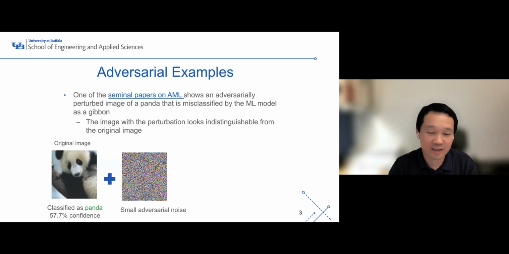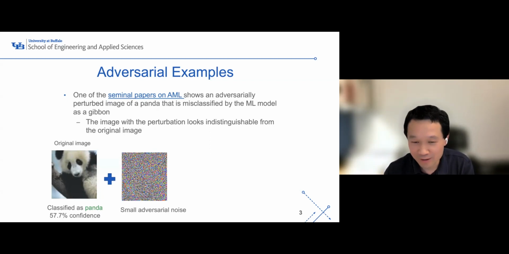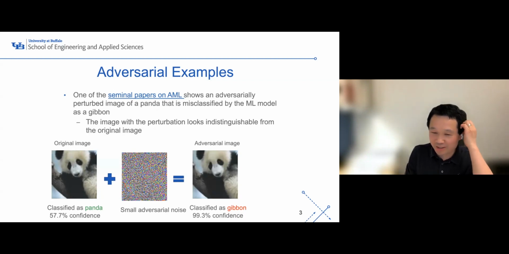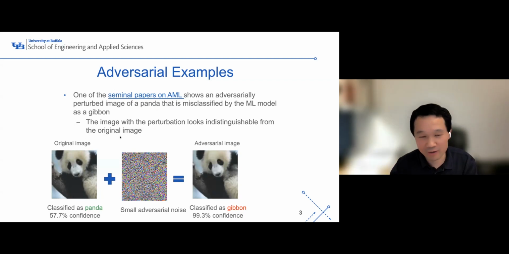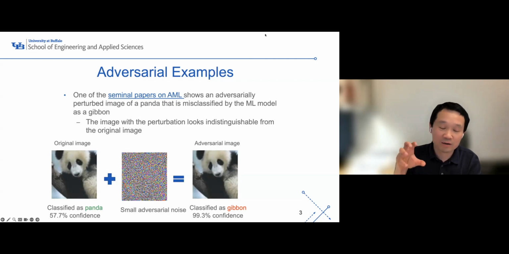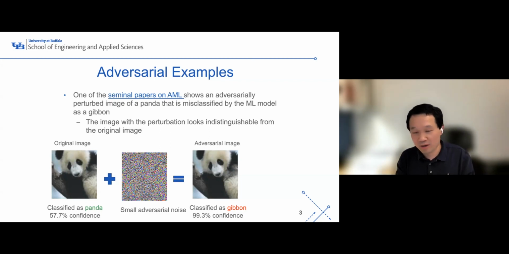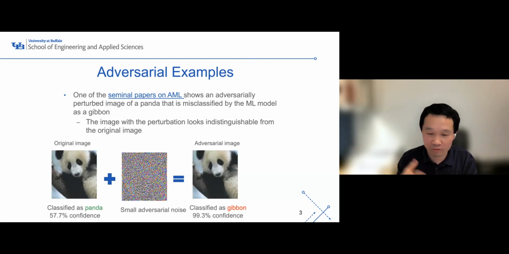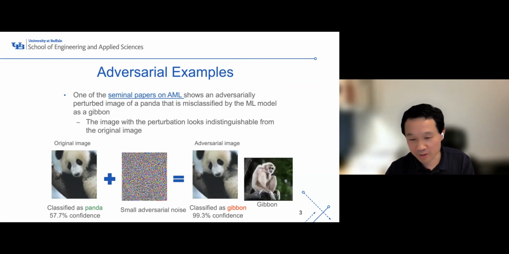But if we just add a very small noise to this image, the system will classify this image as something else. That means we just add a very small perturbation and noise, and we can cheat the system, we can bypass the system. So this is a very traditional, fundamental problem.